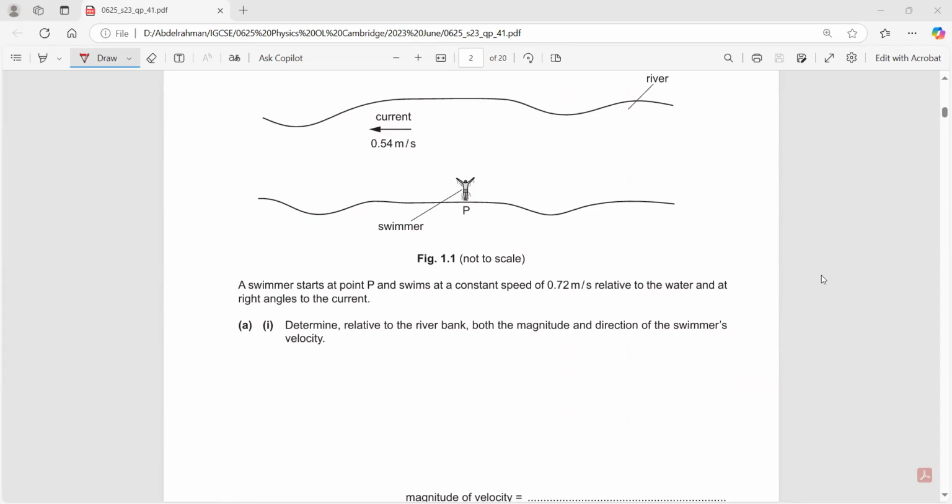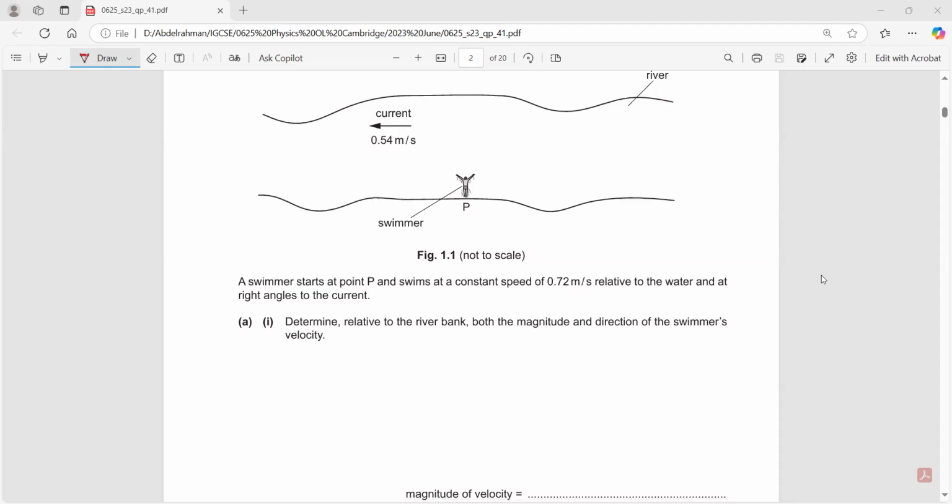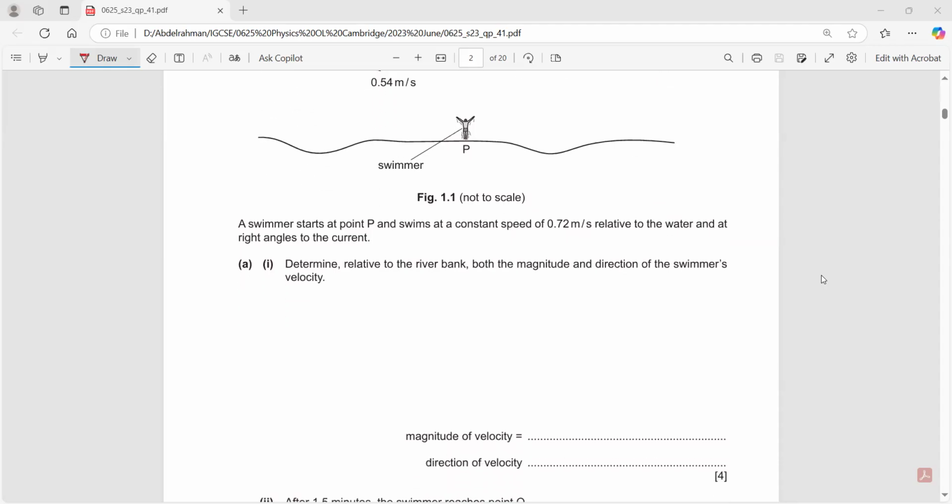If they're at right angles, then we can use the Pythagorean theorem to find the resultant velocity. How can I find the resultant velocity? He's traveling upwards at a velocity of 0.72, and the current is moving to the left at 0.54.